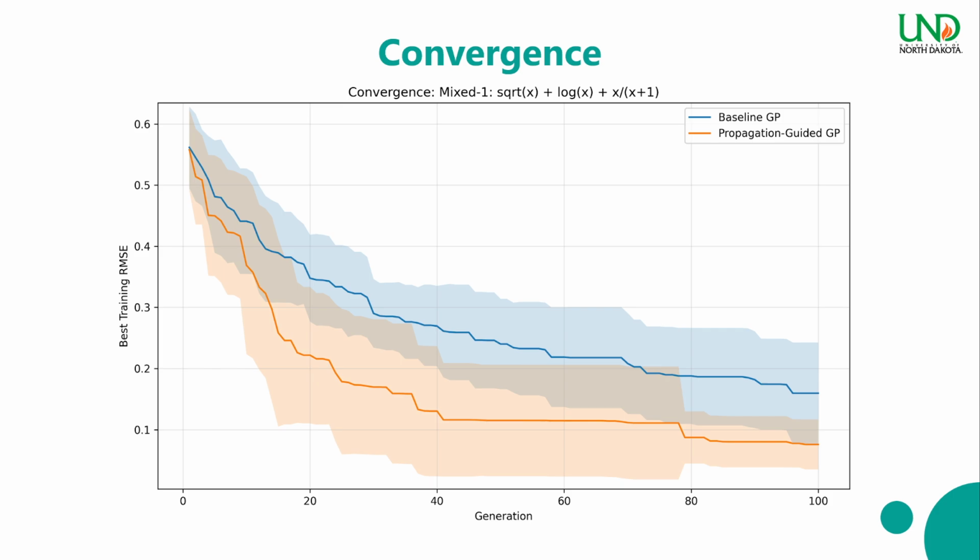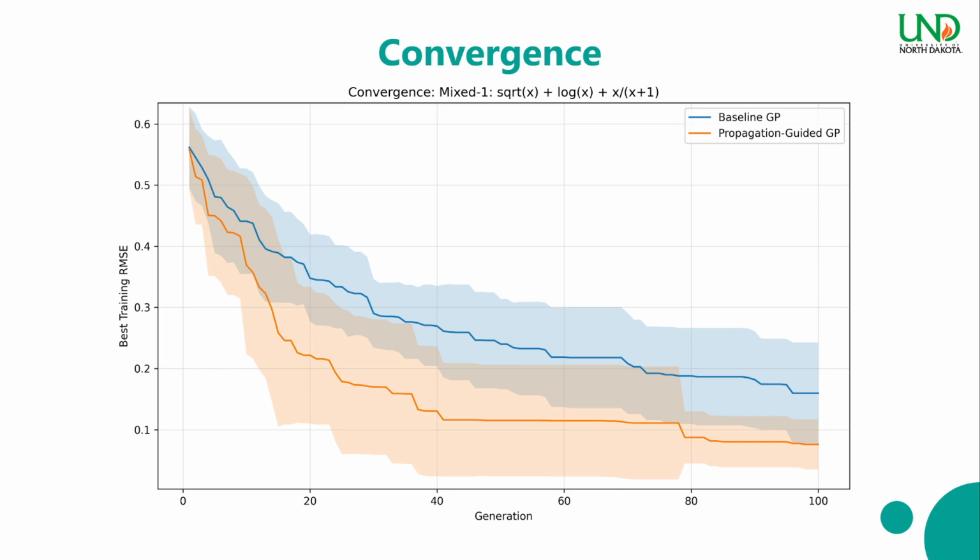So early on, both methods improve at a similar rate, but the propagation guided method starts to pull ahead fairly quickly. The key difference here is the stability. The baseline improves more slowly and tends to plateau, while the propagation guided method continues making constant progress. So at the end of the run, the gap is pretty clear, right?